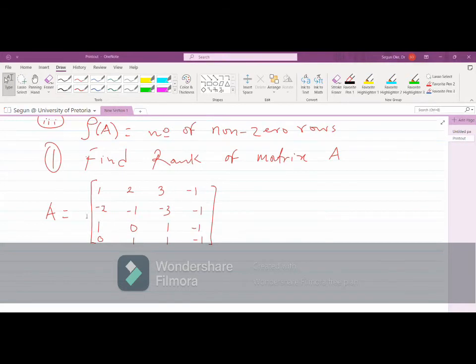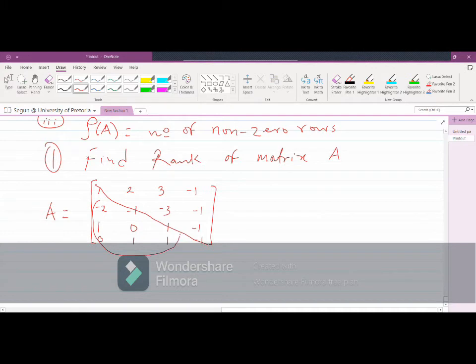Look at it from this question now. This is our diagonal, the elements across. How do we make everything below the diagonal equal to 0?